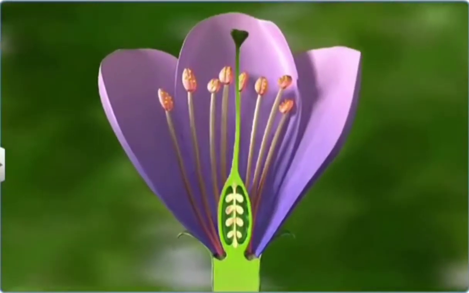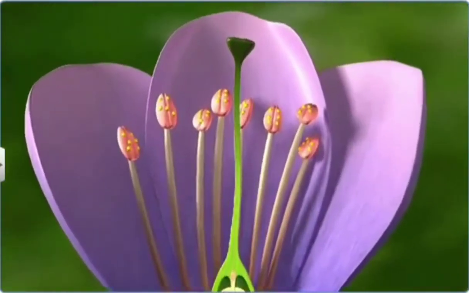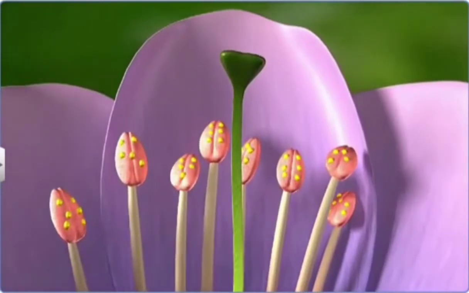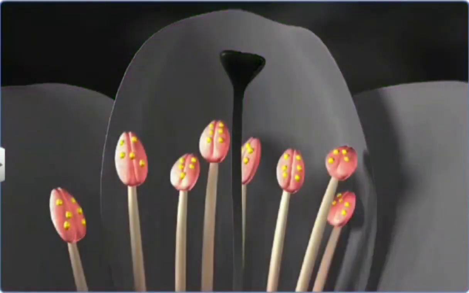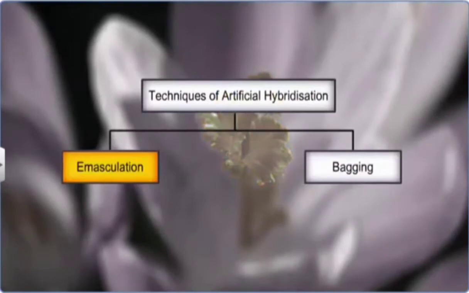For instance, breeders know that for successful crossing, it is necessary to protect the stigma from unwanted pollen and expose it to the desired pollen. This is achieved through emasculation and bagging, two techniques developed for artificial hybridization.